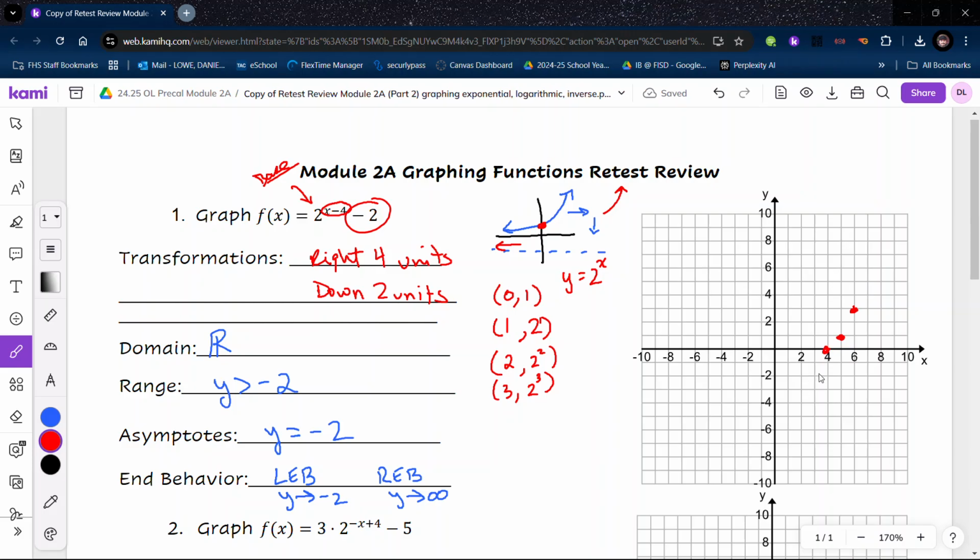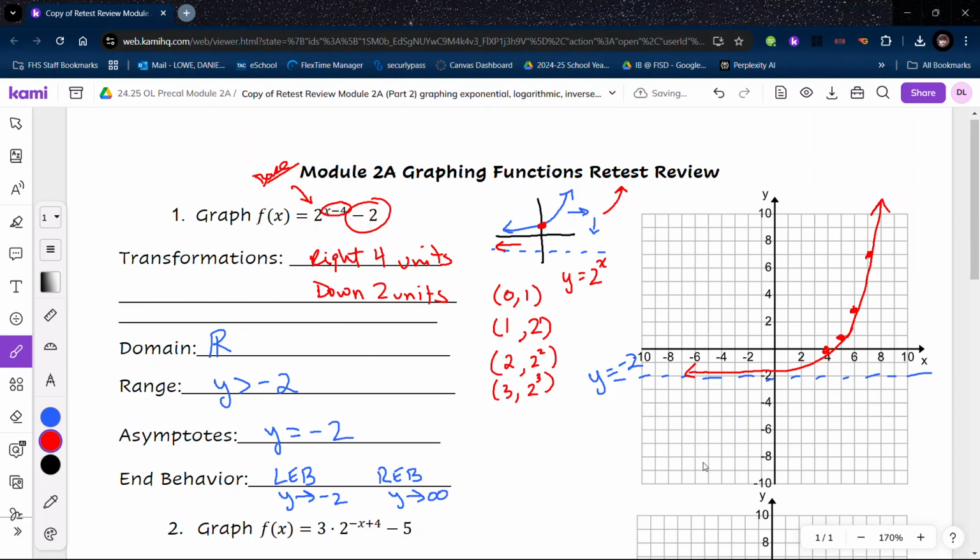The point (3, 8) to the right 4 units and down 1 unit. Okay, I know that I have my asymptote at y equals -2, and I know that I have the general shape of my graph. And I can say, hey, what about the y-intercept if x is equal to 0? I know the general shape of my graph is going to be coming up in that form.